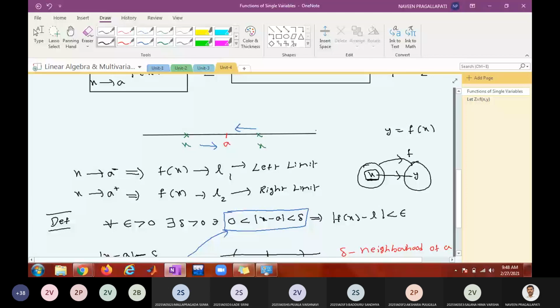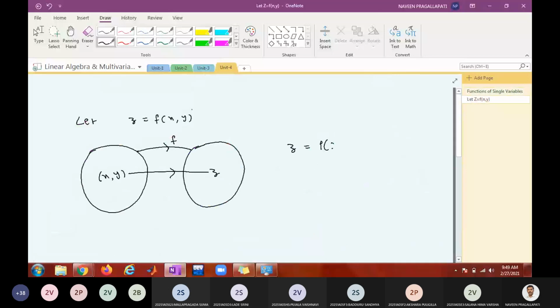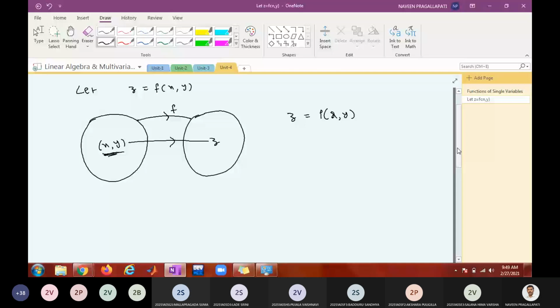Where do you see this ordered pair x comma y? Please tell me. On a Cartesian plane. Am I right? So you will see this on a coordinate plane. X comma y will be like this.